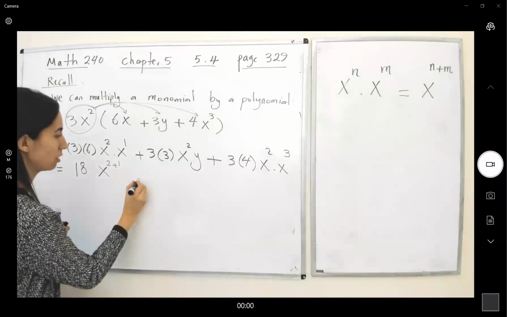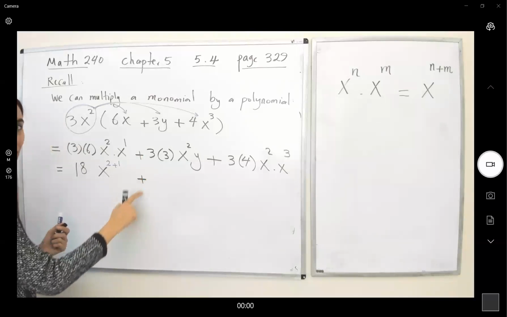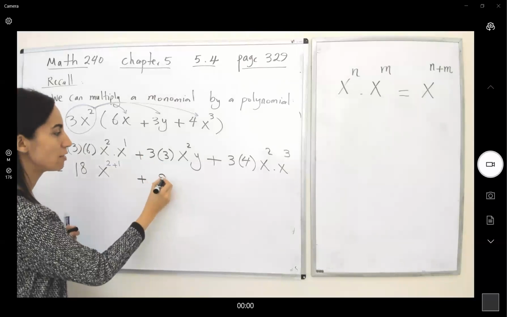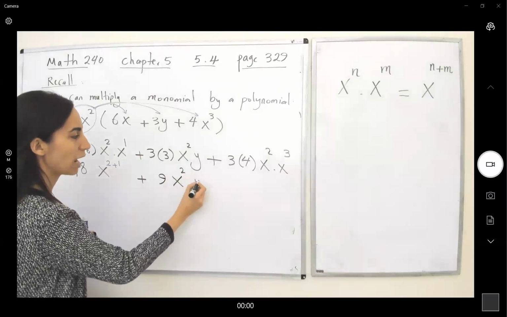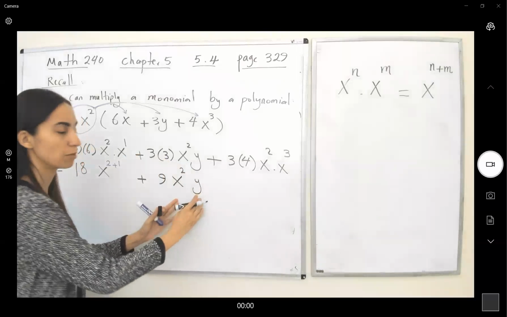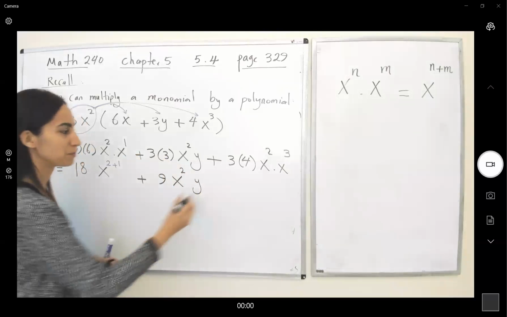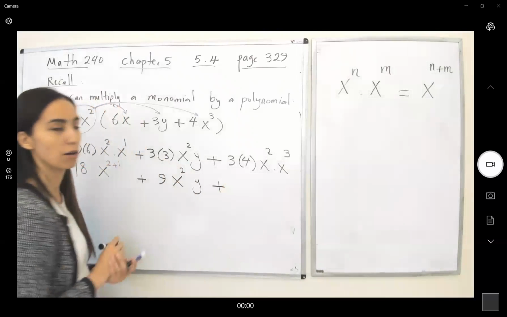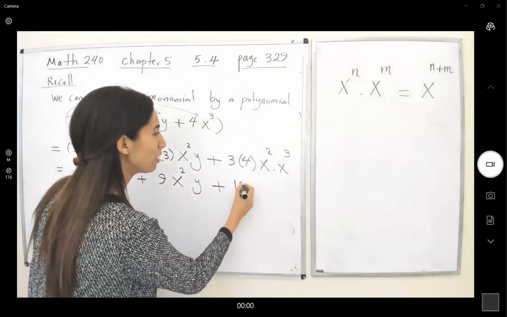Plus, the operation, addition, you copy down the operation, we don't miss the operation. 3 times 3, 9, we copy down x squared, and we have to write down y. There is no way you can actually combine these two. Why is that? Because you have two different bases.